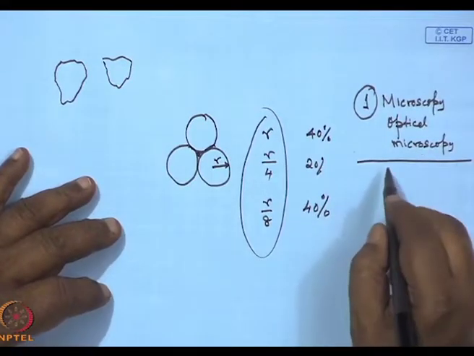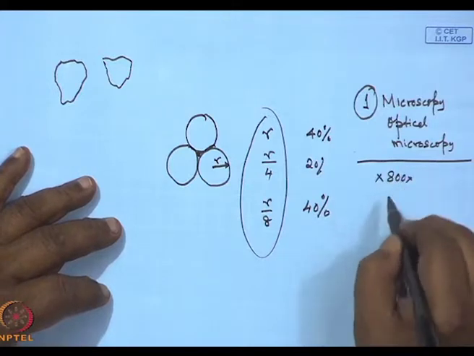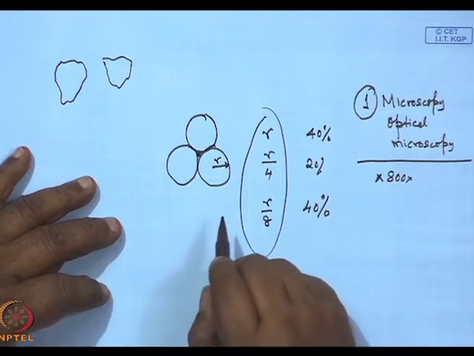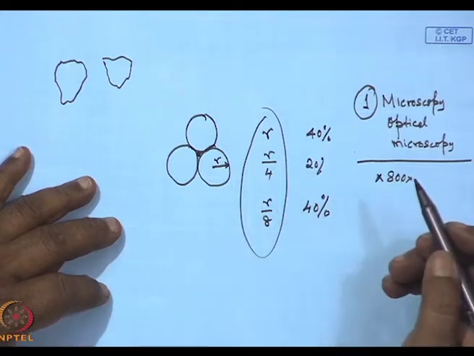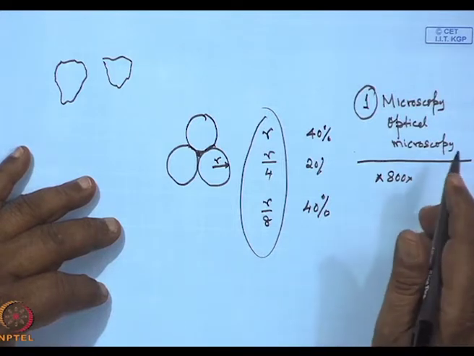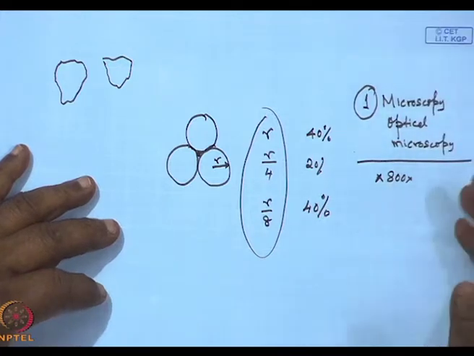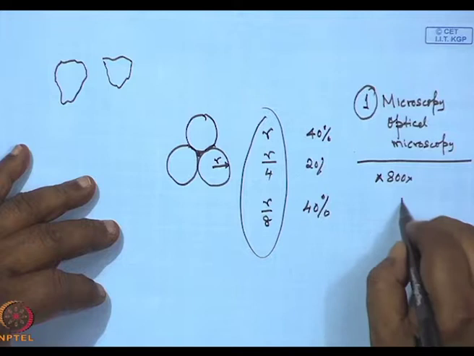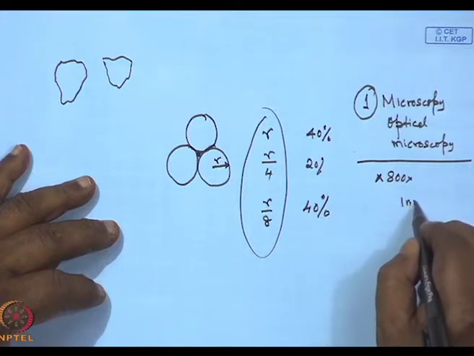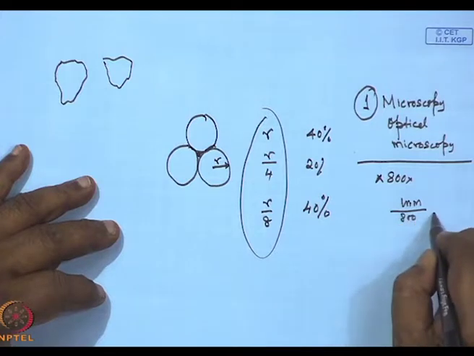A microscope has a maximum magnification, if I am very careful, of 800x. So, 1 millimeter divided by 800, that is its maximum magnification. I said 1 millimeter is the smallest division divided by 800, which brings it to almost 1 micrometer level.